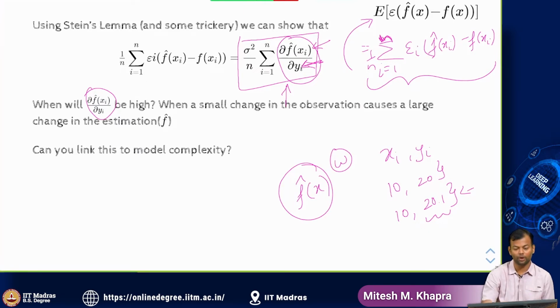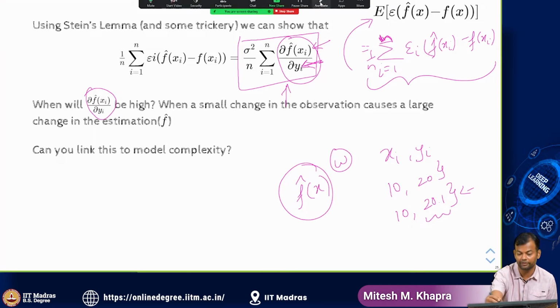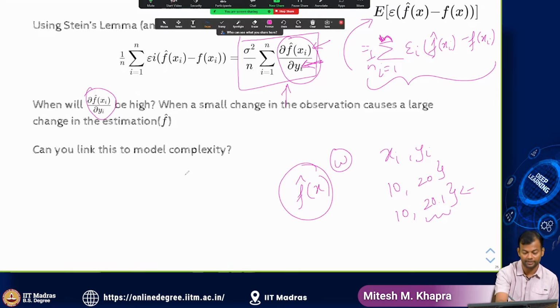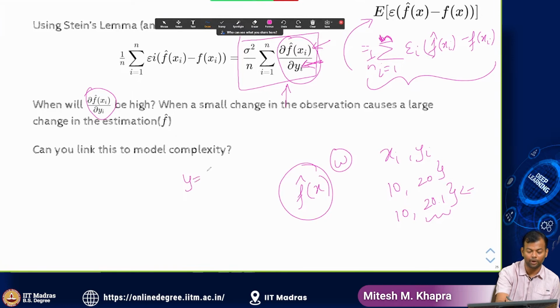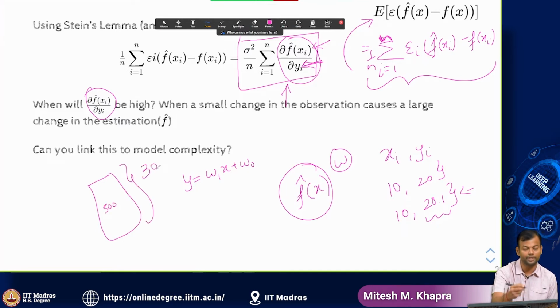This is what we saw when we were discussing the first example of simple and complex models. We had the simple model y is equal to w1 x plus w naught. When we trained it using 30 different samples, from a total of 500 training samples, this line did not change much. That means my f hat x did not change much.